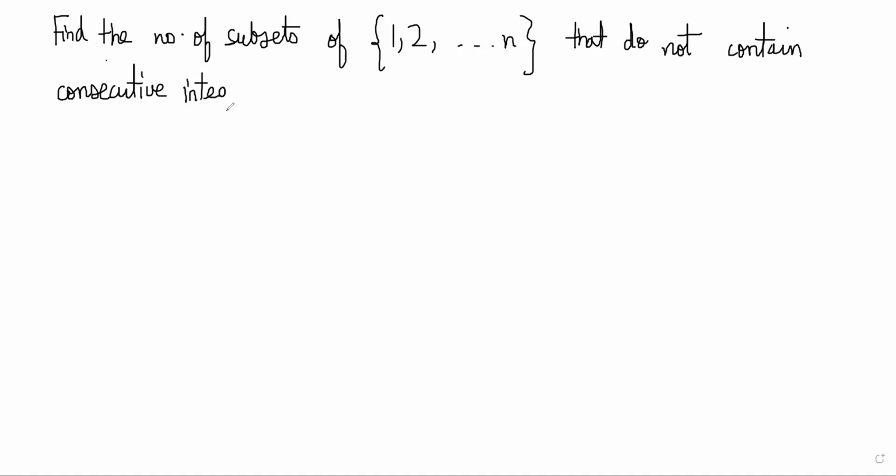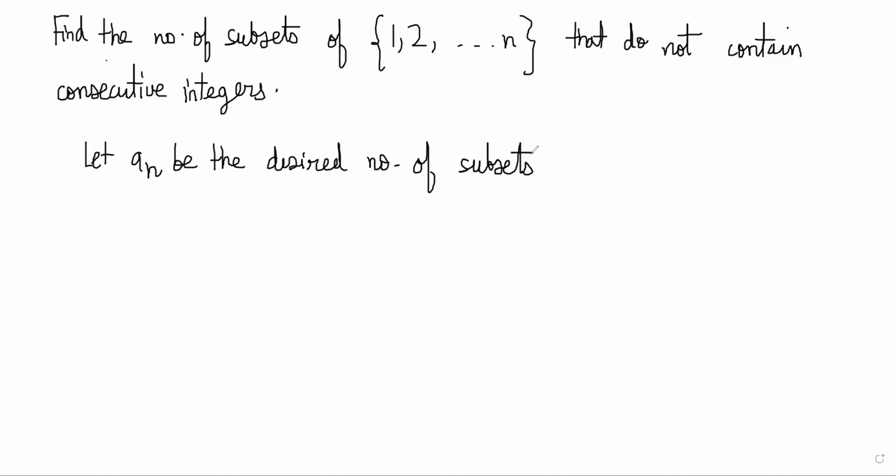You have to find the number of subsets of 1 to n that do not contain consecutive integers. So let's say let an be the desired number of subsets.